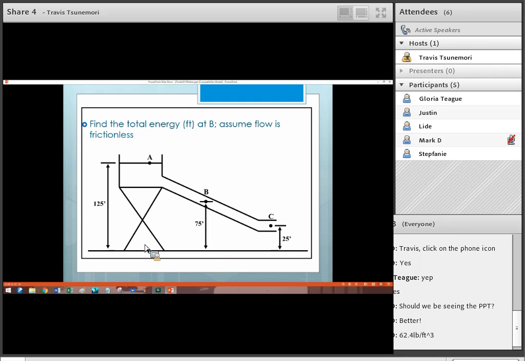So if I want to find the energy at B, and I assume the flow is frictionless, then I can use Bernoulli's equation and the ability to pick my points strategically to help me find out what the answer is.